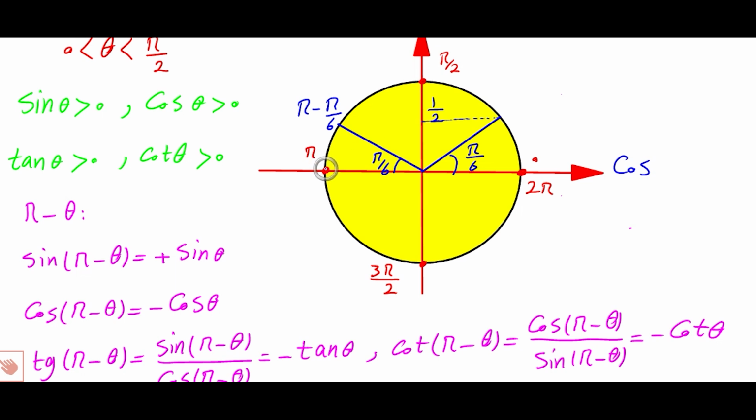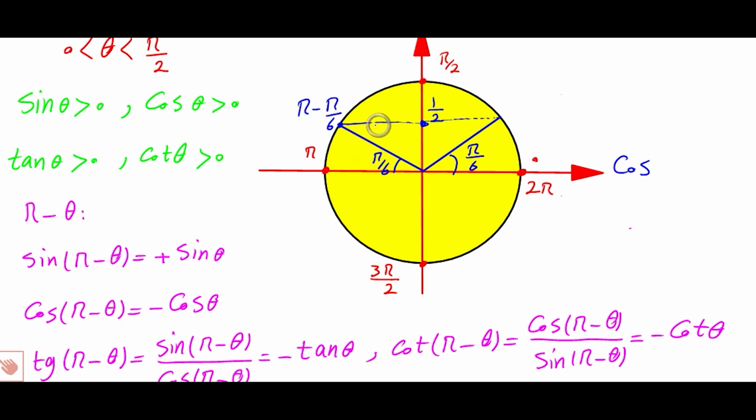So pi minus pi over 6 is here. So the sine of pi minus pi over 6 is equal to 1 over 2. So the sine of pi over 6 and the sine of pi minus pi over 6 is the same.